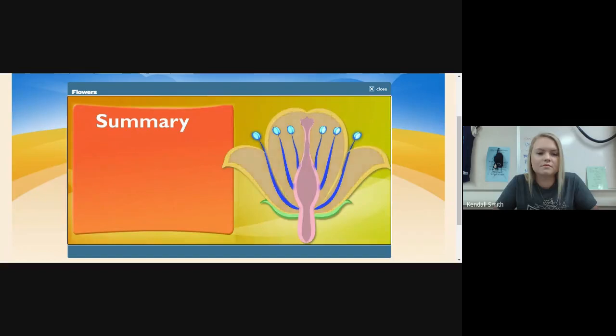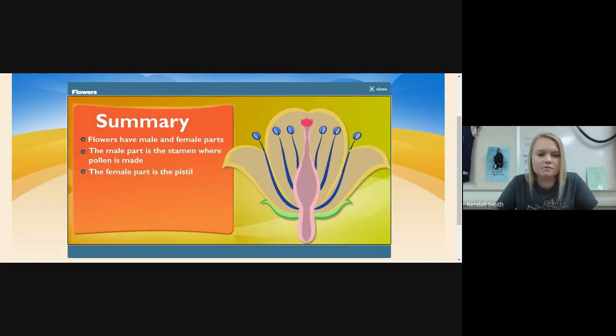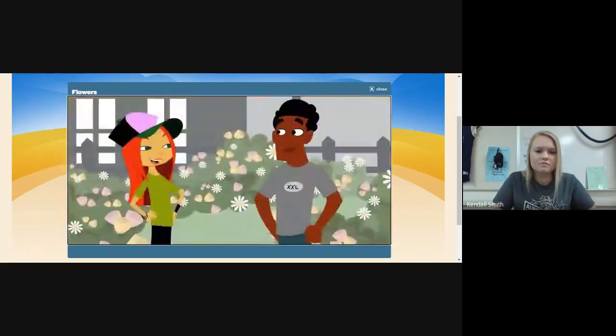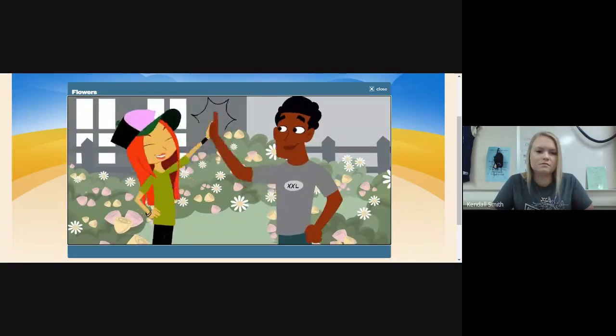Inside its petals, flowers have male and female parts that work together to make seeds. The male part is the stamen, made up of the filament and the anther. That's where pollen is made. The female part is the pistil. The stigma, style, and ovary are part of the pistil. When pollen is moved from the anther to the stigma, that's called pollination. And when the pollen makes it to the ovary and combines with an egg, that's called fertilization. And that's how flowers make seeds.